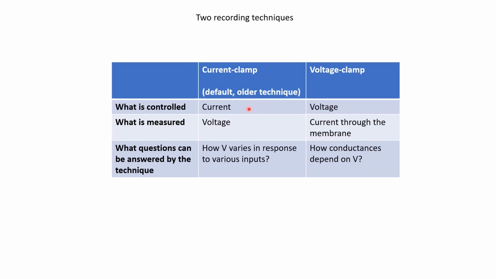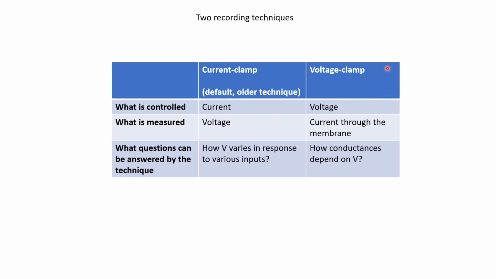So we are simply measuring the voltage and we can control the amount of current injected into the neuron. This can be 0 or we can inject some positive or negative current in the neuron. And these recordings are useful to see how the voltage of the neuron is varying over time in response to either the current injections or in response to various stimuli that are given to the animal or to the tissue.